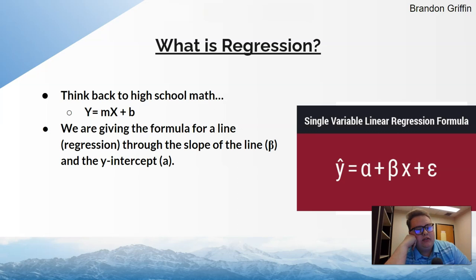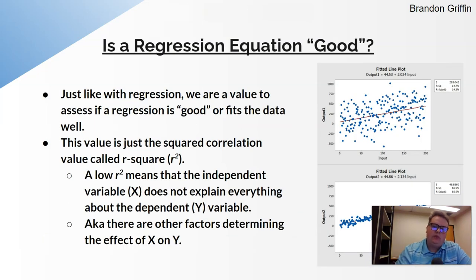So we are given the formula for a line in regression, and the slope of the line is the beta, and the y-intercept is this a value. So it's similar to y equals mx plus b. And once we get into our assignment for this week, talking about regression, I'll show you examples of this and more detailed interpretation statements.